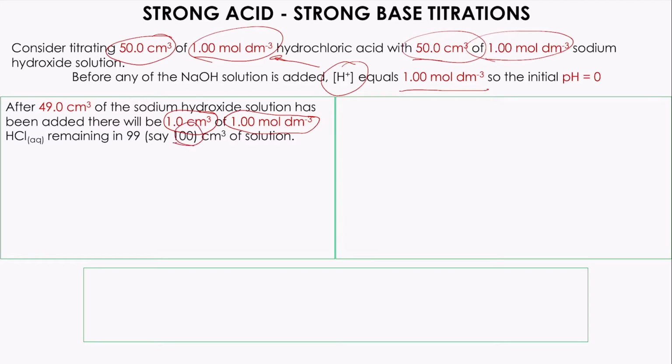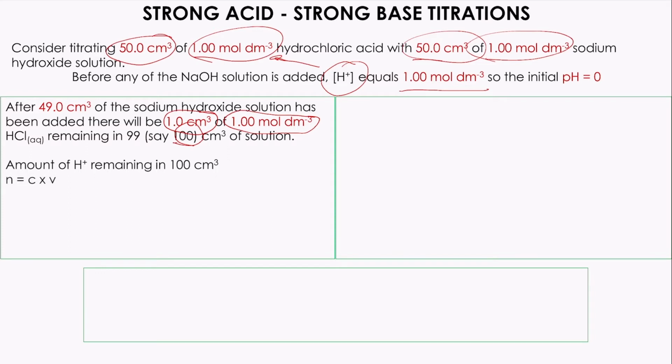We can say that it is 100, it will not make a big change. So, the amount of H plus remaining in 100 centimeter cube, as we said in the previous video, we have to find the number of moles first of the hydrogen ions, then we can calculate the concentration, then from the concentration we can calculate the pH.